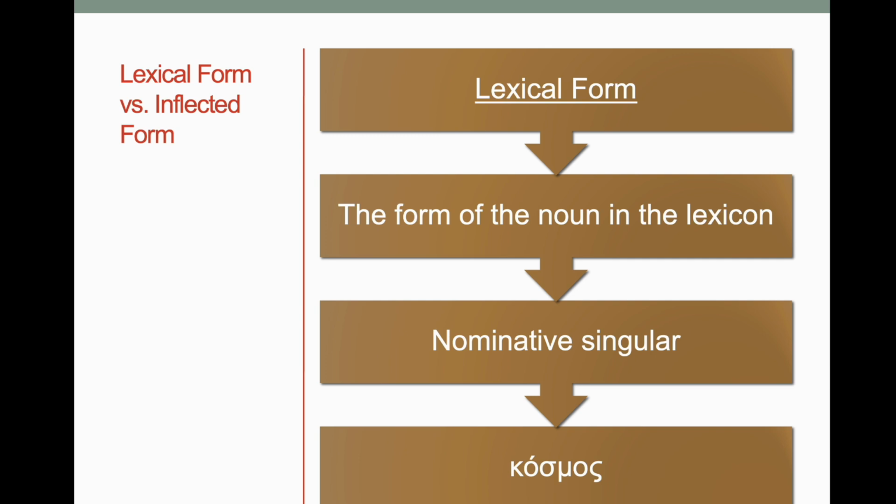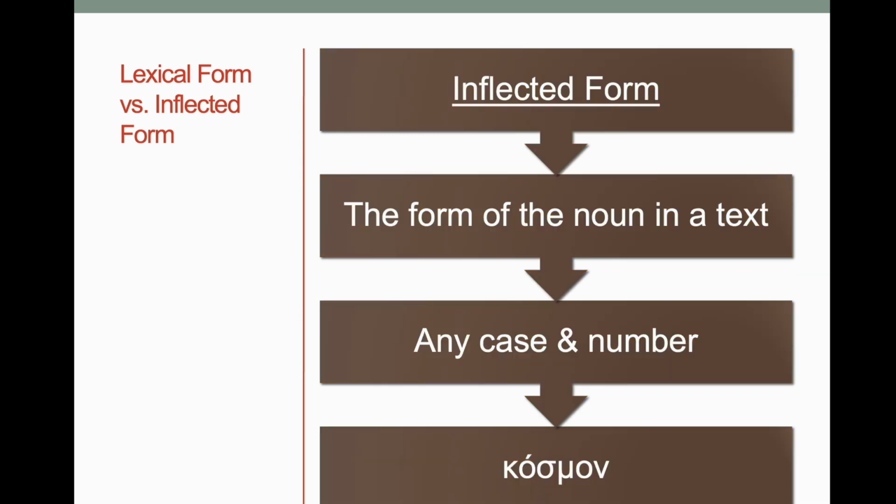That's its lexical form. But we'll also talk about the inflected form of a noun. The inflected form is the form of the noun that you find within a text, within a part of the Greek New Testament where it's actually functioning within a sentence or clause. That inflected form can be any case or number because it's inflected. It's acting in a certain way to function within the sentence and to communicate certain meaning.